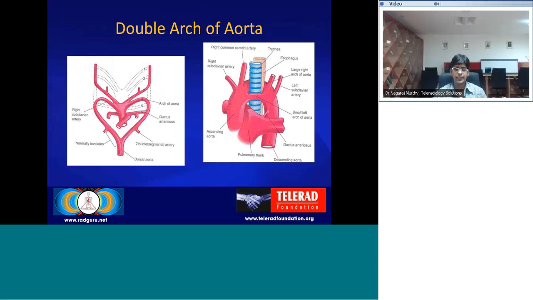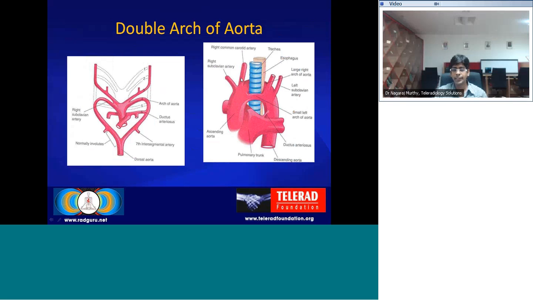This is the diagram showing the double arch. This is persistence of the right and left both arches. Usually the right arch disappears, but persistence of the right fourth arch gives rise to double arch. This is the diagram showing the double arch completing a vascular ring with compression of the trachea and esophagus.